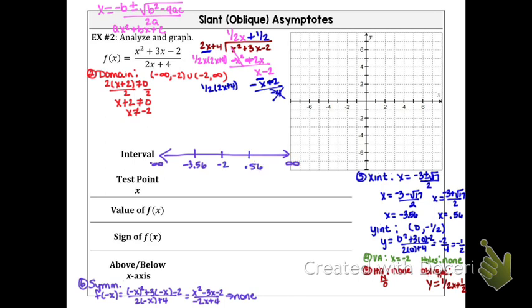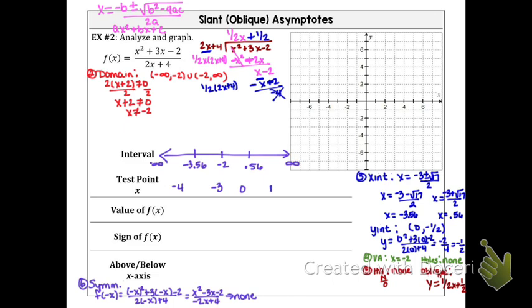All right, then we need to pick a test point. So between negative infinity and negative 3.56, I picked negative 4. From negative 3.56 to negative 2, I picked negative 3. Negative 2 to 0.56, I picked 0. And bigger than 0.56, I picked 1.